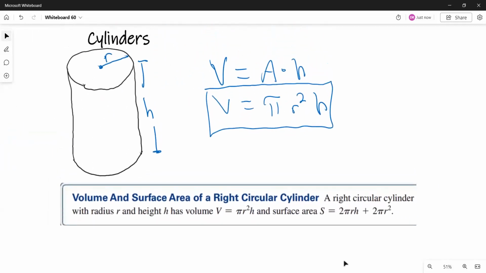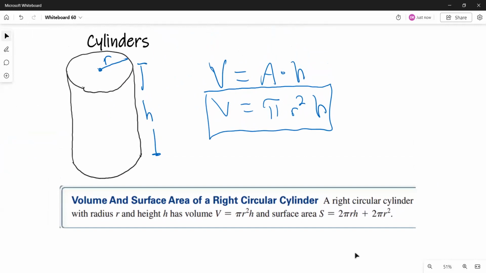Okay, so a right circular cylinder with radius r and height h has volume pi r squared h and surface area 2 pi r h plus 2 pi r squared.